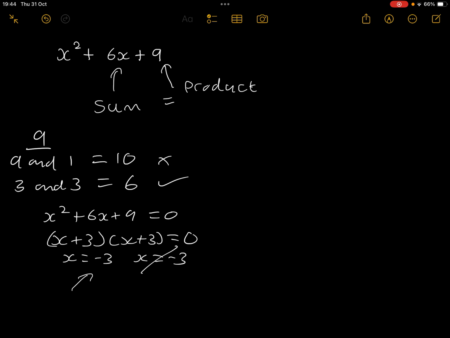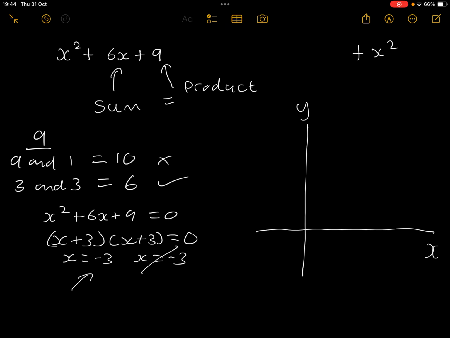Okay, now when it comes to plotting what we've just done, let's get our axis going here. We have a y and an x. Well, we know that's going to be a smiley face graph because it is a positive x squared graph. We know that it's going to have only one root hitting the axis, and we know that this occurs at minus 3.